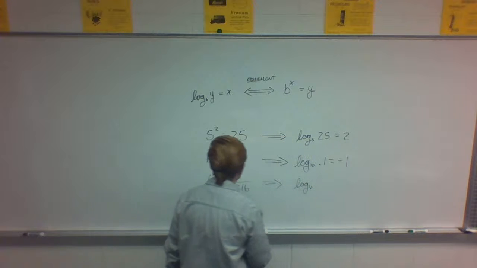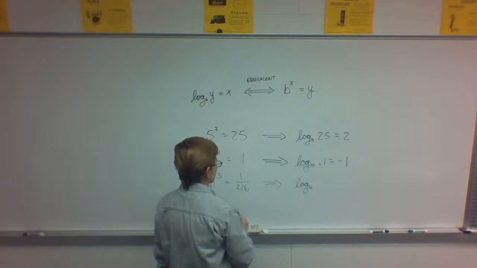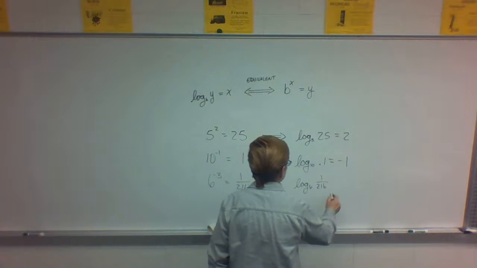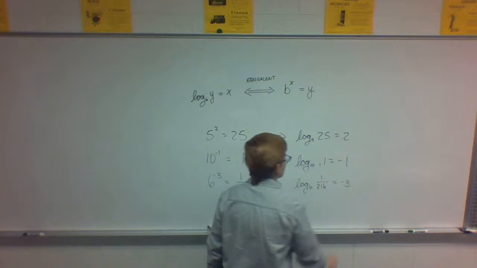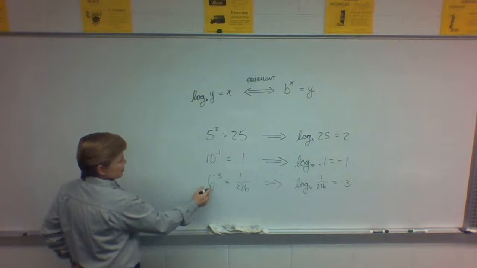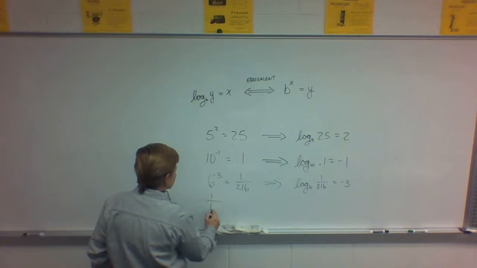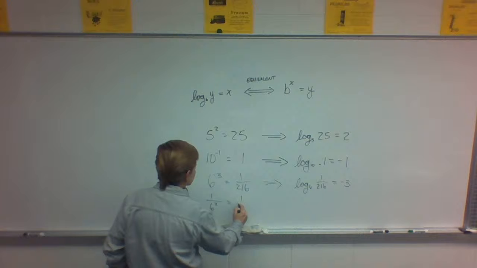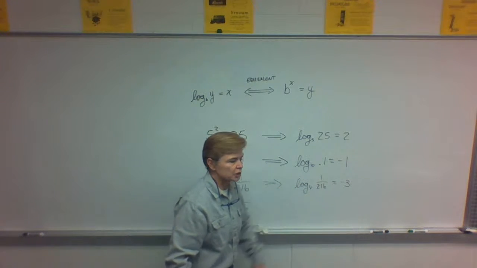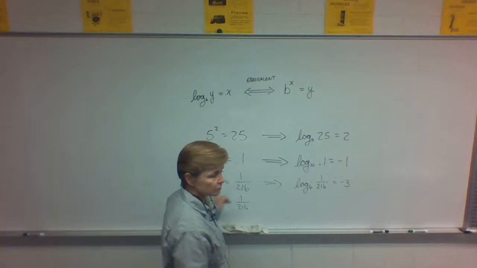So log base 6 of 1 over 216 equals -3. Good. You believe it? That expression is 1 over 6 to the 3rd, and 6 to the 3rd is 216. So it's not only true, that's the logarithmic expression that's equivalent to it.